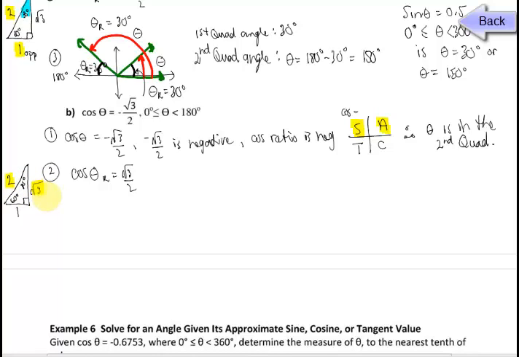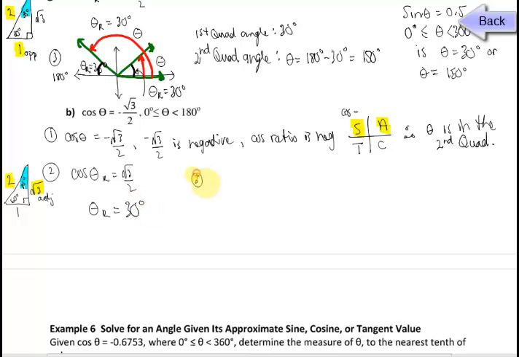And so root 3 is adjacent to which angle? Well, root 3 is adjacent to the 30-degree angle. And so I can see that my reference angle is 30 degrees.